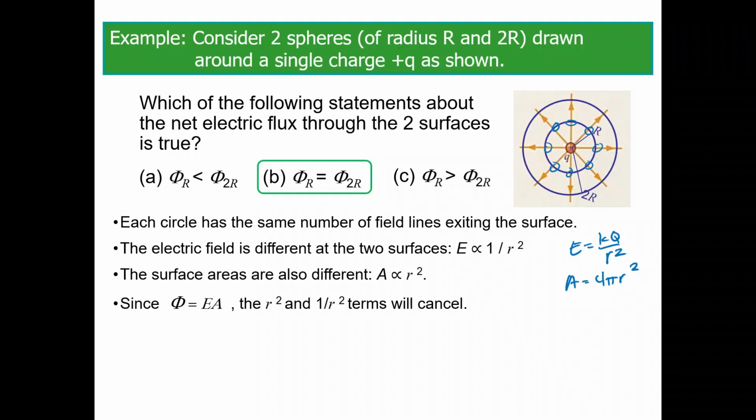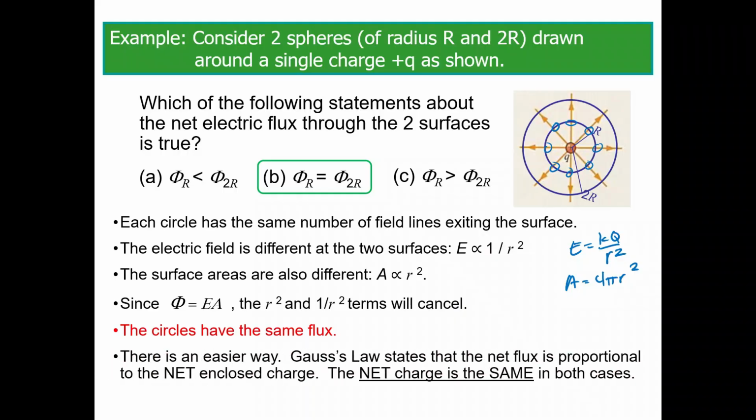So since our flux is E times A, the r squared for the A and the 1 over r squared for the E actually cancel out, giving us the exact same flux. But this was a lot easier with Gauss's law, because Gauss's law states that the net flux is proportional to the net enclosed charge. And since the net charge is the same in both cases, our flux is the same in both cases. Two different ways to explain the same answer.